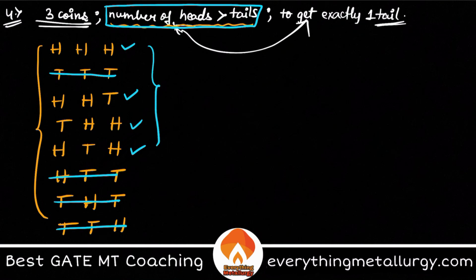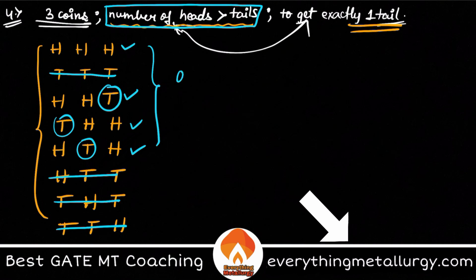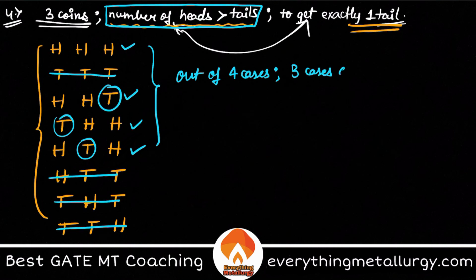But in this, what is the probability of getting exactly one tail? Out of these 4 cases, how many give you one tail? Here one tail, here one tail, and here one tail. So out of 4 cases, 3 cases have exactly one tail.